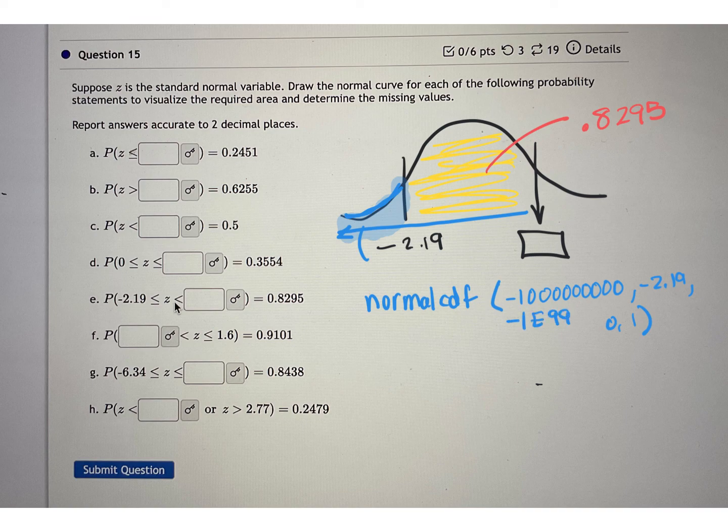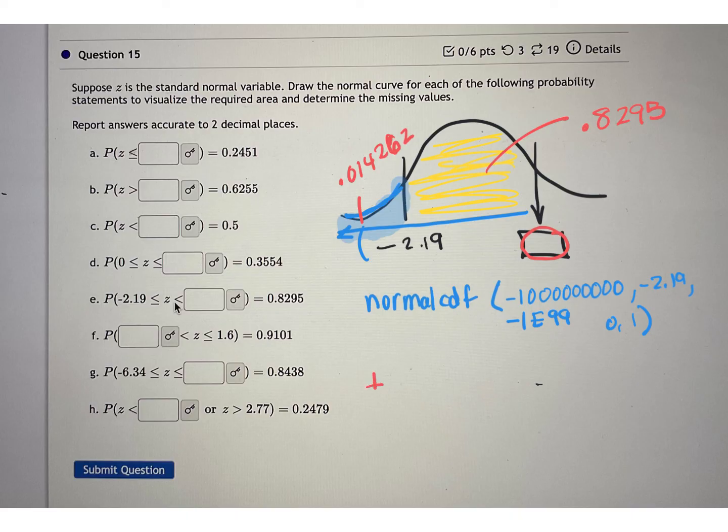That's -1 with 99 zeros after it. -2.19 for my upper, 0 and 1 for my mean and standard deviation. And this area right here is 0.01426. So to get this one now, I'm going to add these two together, plus 0.8295.